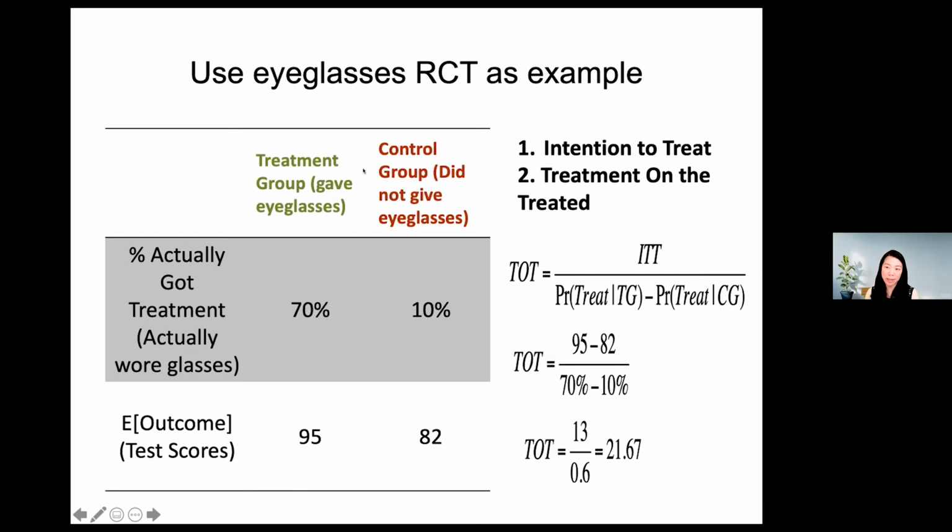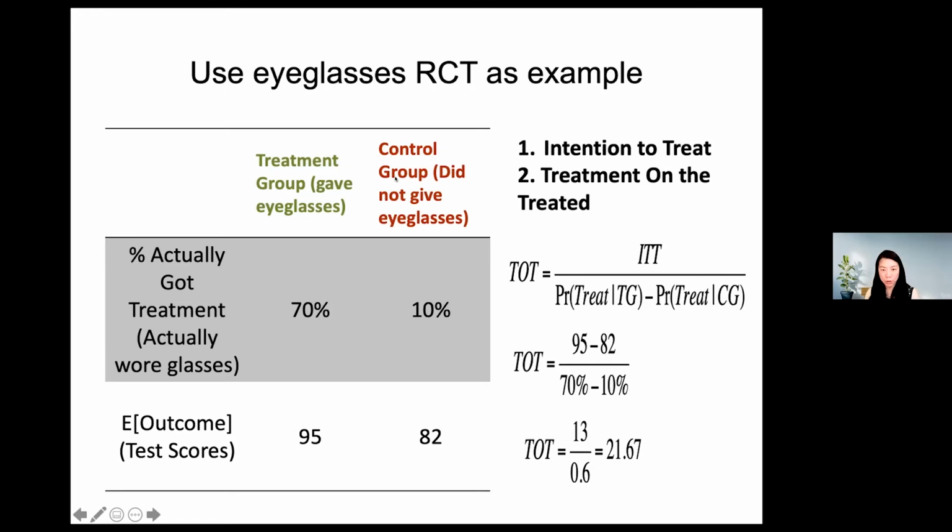First we figure out the intention to treat, right? Let's see the outcome test score here. If we ignore the gray area, which is whether students actually wear glasses or not, let's just forget about the gray for now. We just look at the outcome on average for the treatment group, to whom we provide glasses. Say their test score at the end line is 95.